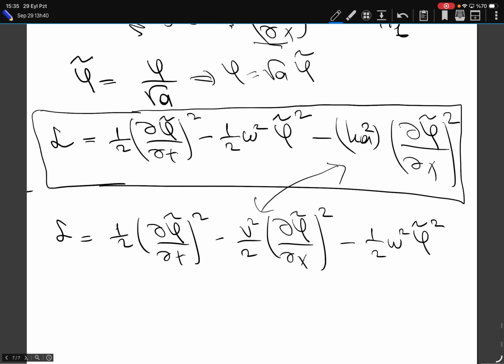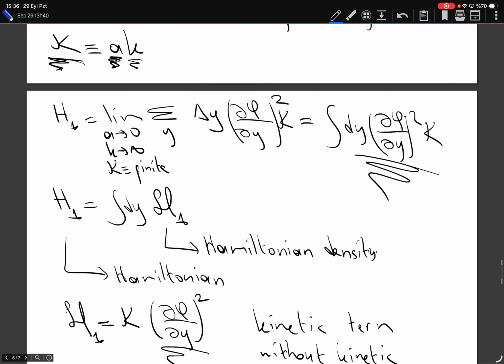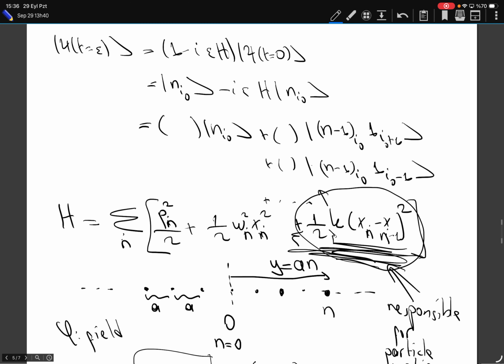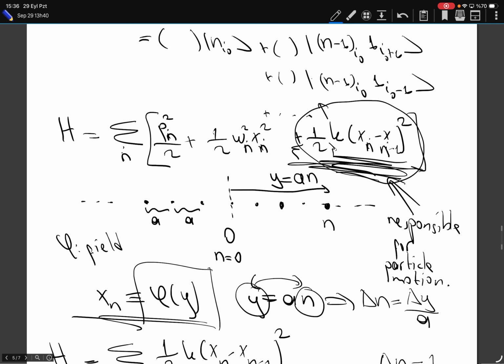The previous Lagrangian we wrote is eventually in 1 plus 1 dimensions, right? Yes. You see, this Hamiltonian, or the corresponding Lagrangian, when we take the limit a goes to 0, just became a one-dimensional space, a one-dimensional string if you want.